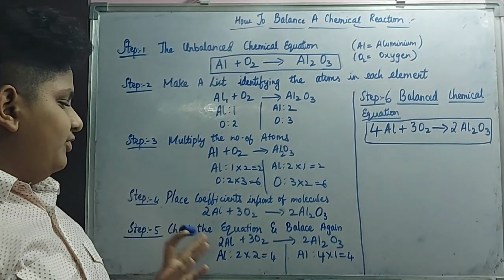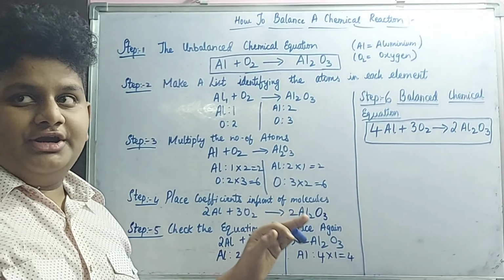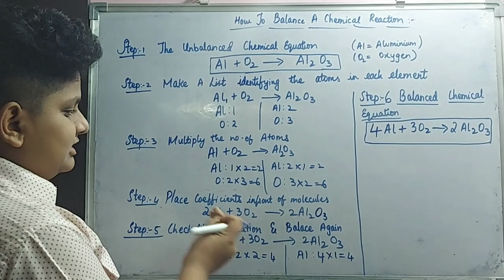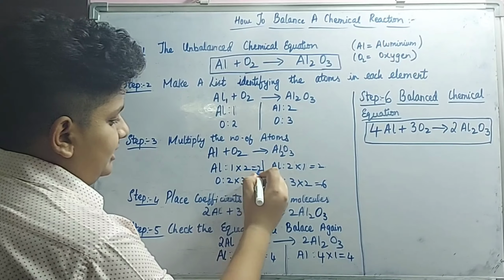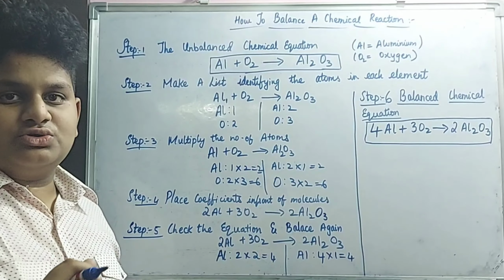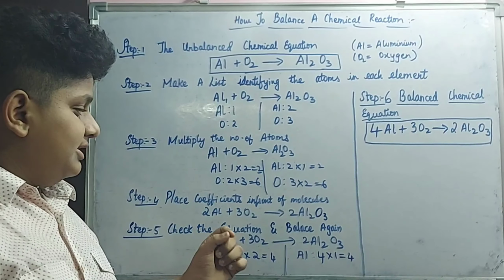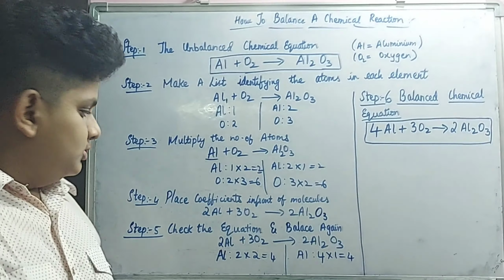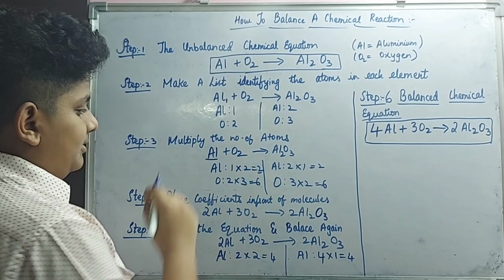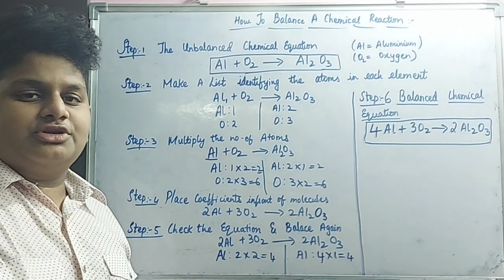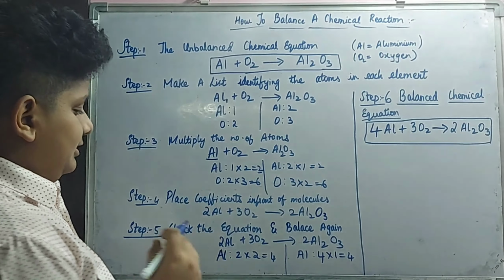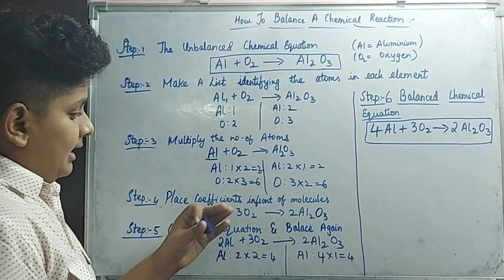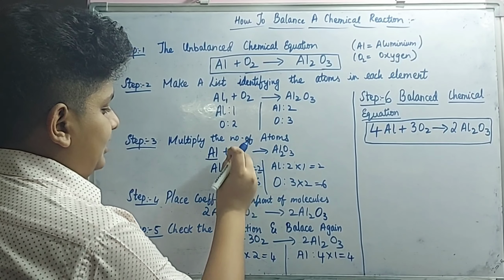Now step 4: place the coefficients in front of molecules. The value we got is known as the coefficient. Let's place it in front of the molecules. The molecules means this one. If we bring the 2 beside aluminium as its coefficient, it will become 2Al.